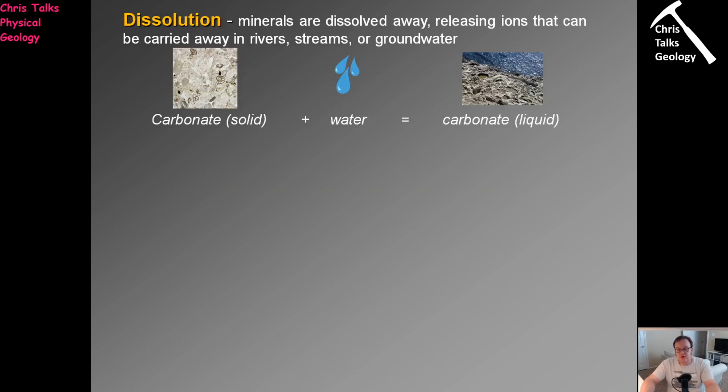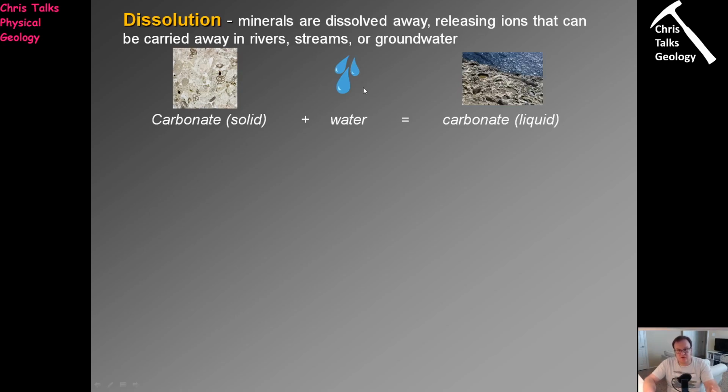All right, so one of the more common ones is dissolution. And that's simply when a mineral dissolves away in the water when it comes in contact with it. A classic example of that is a limestone. When a limestone is put in contact with water, very small quantities of the limestone will just dissolve into the water.